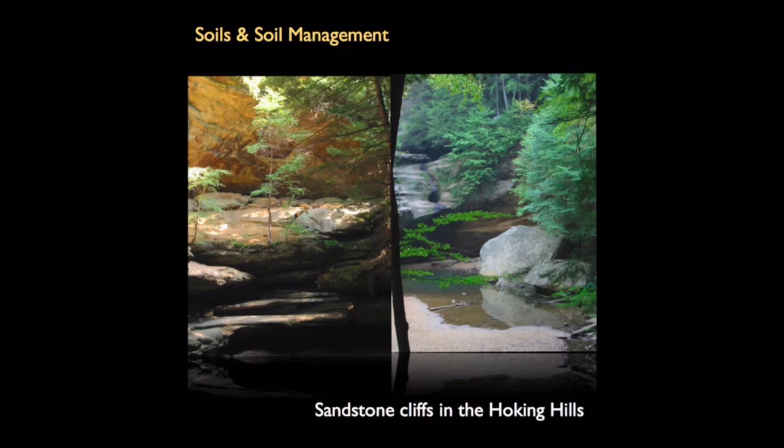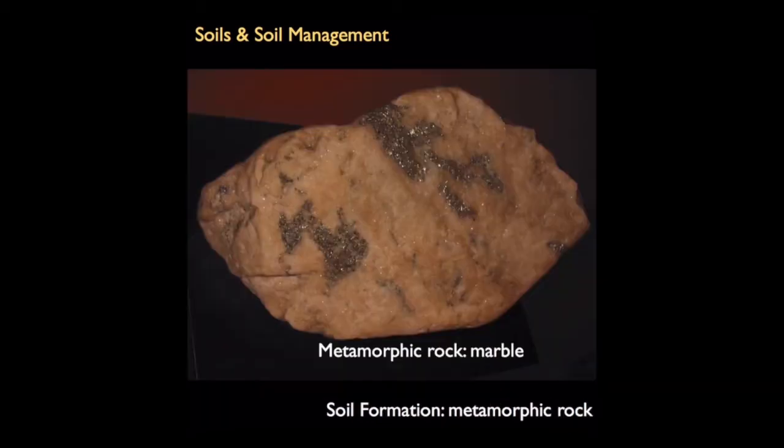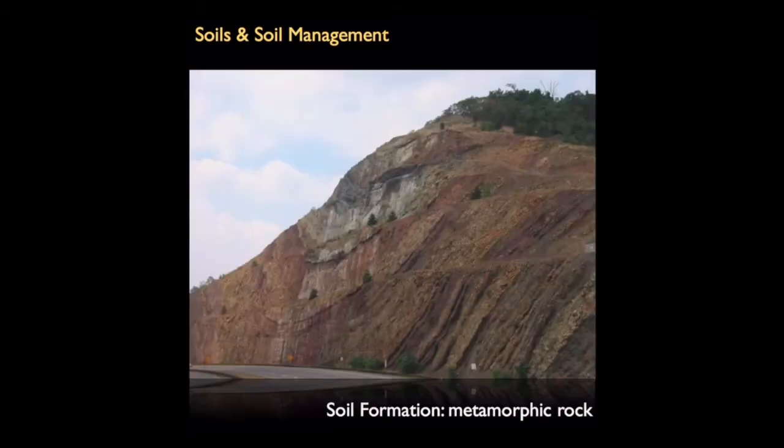Alright, the third type of rock found in soil parental material is metamorphic rock, which include schist, marble, and gneiss. Metamorphic rock is the result of the transformation of an existing rock type, either igneous or sedimentary, that is subjected to heat and pressure, causing profound physical and or chemical change.